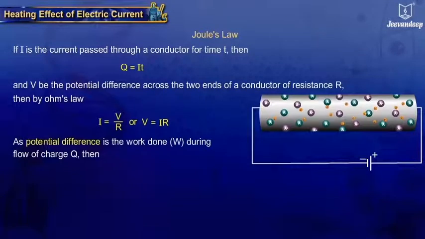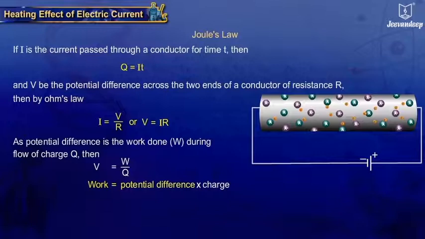As potential difference is the work done, represented by W, during flow of charge Q, then V is equal to work done upon charge. Work is given by potential difference multiplied by charge, or W equals VQ.